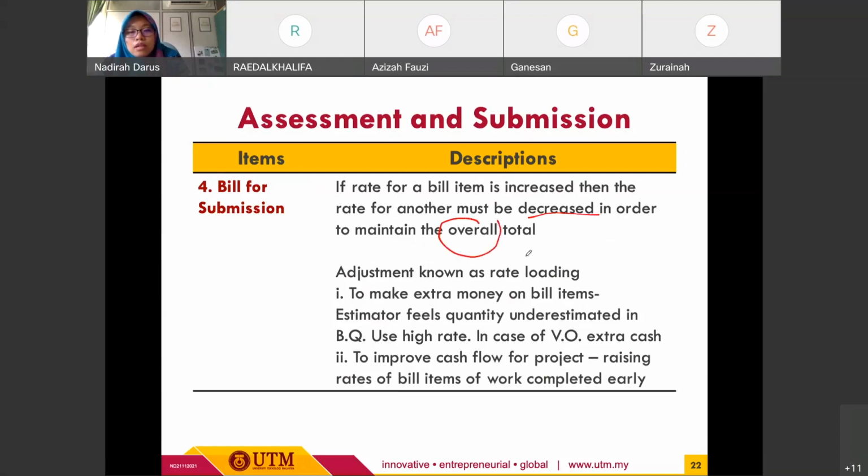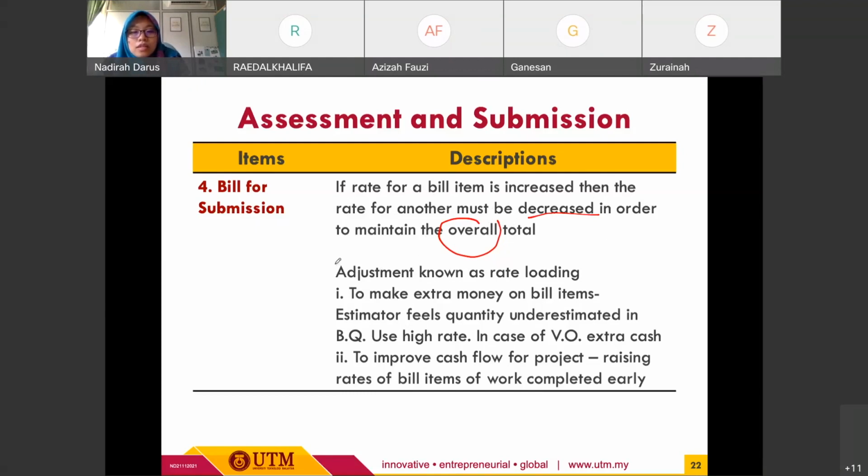So at this stage, they try to make a balanced rate, so that at the end they have a good overall total for the cost estimation. They readjust all of the required items so that they maintain the overall total.